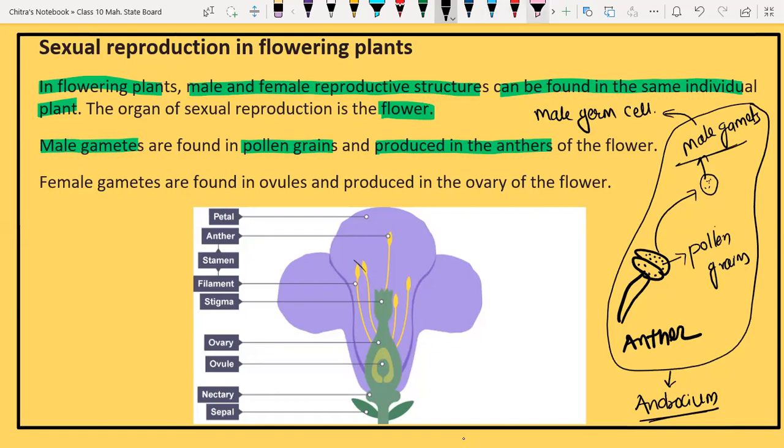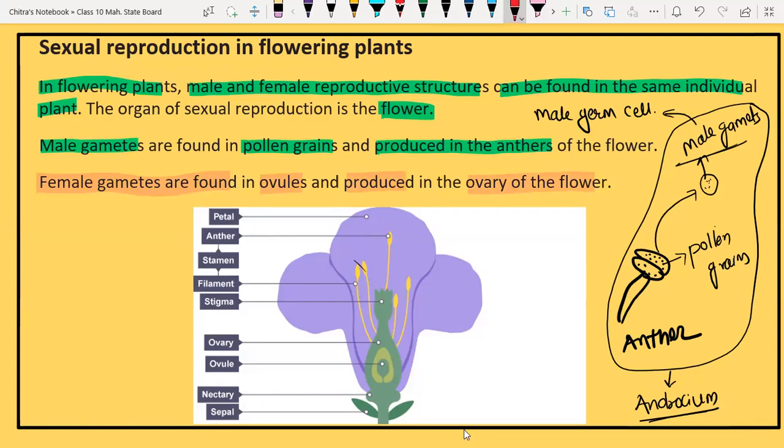Now we are going to discuss the female reproductive part of the flower. Female gametes are found in ovules and produced in the ovary of the flower. So let me draw a diagram for that also.